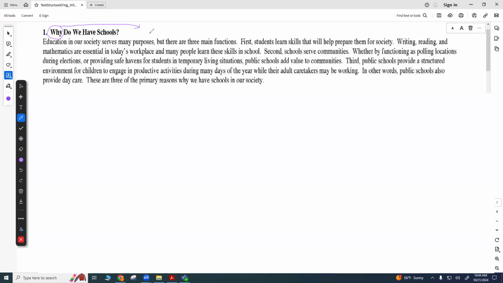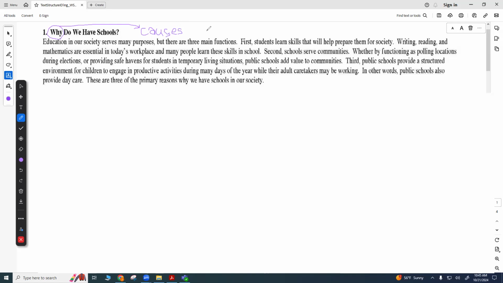So a why question does elicit a cause and effect relationship, because when we ask why, we're asking for basically causes, right? And of course I'm writing this with my mouse, so that's why my penmanship looks worse. And I'm going really slow and I can't spell. Okay, good. So right away when I see the title and I see why something, I'm already going to think about cause and effect.